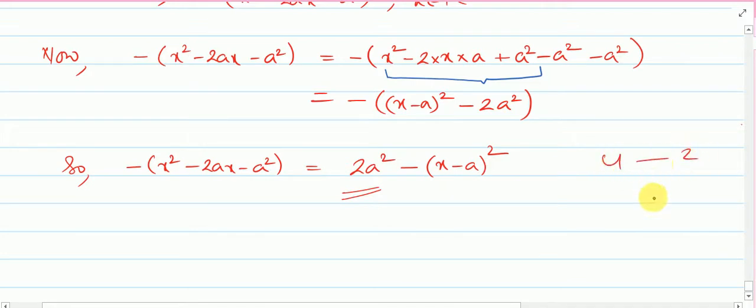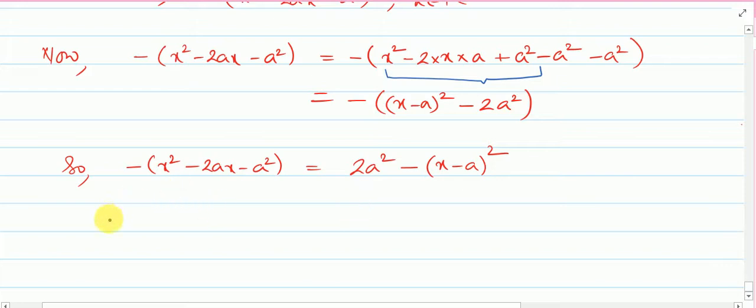If you are subtracting, then obviously the number which you will get, let's say this is 6, will be small. You will get a small number, like here you can see this 4 is smaller than 6. So when will we have the maximum? When this becomes 0. And when will this be 0? When x is equal to a.